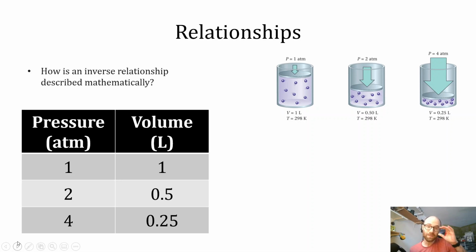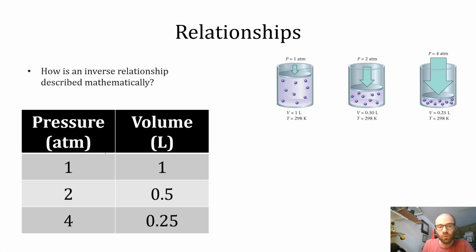Most of the relationships we're going to see in this unit are based off of simple multiplication and division. We did see that if you double one, the other doubles. But what I more want to think about is the relationship between the pressure and the volume at a given time.